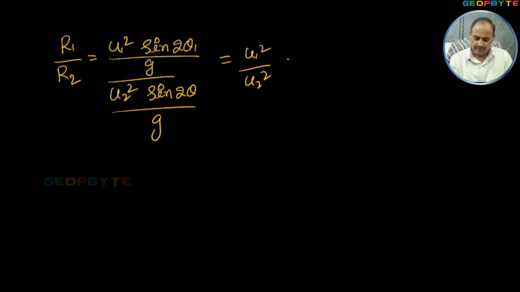Then it can be written as U1 square sine 2 theta 1 by g divided by U2 square sine 2 theta 2 by g. g is cancelling. U1 square by U2 square into sine 2 theta 1 divided by sine 2 theta 2. That is the answer. Let us substitute the values.